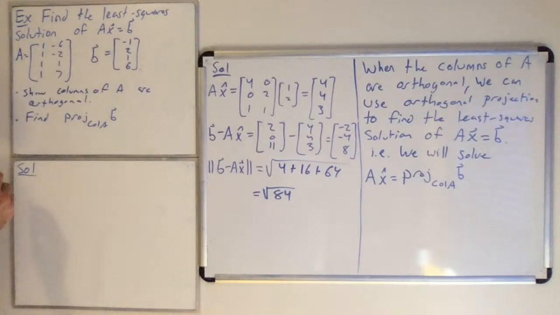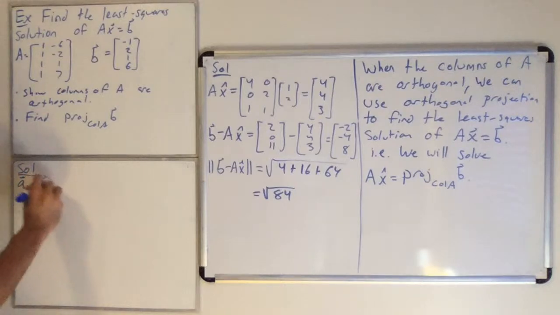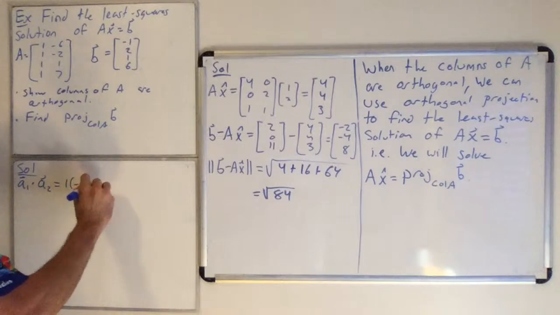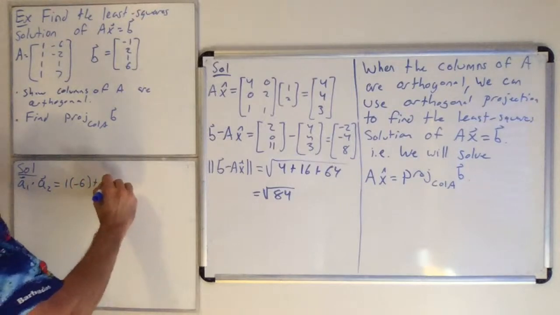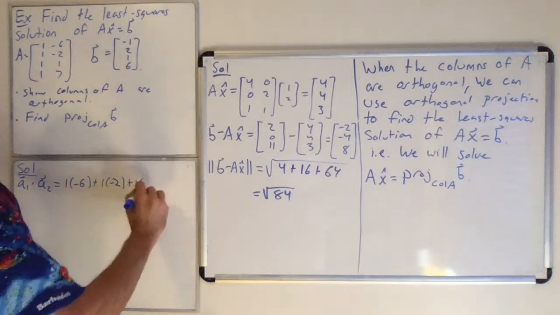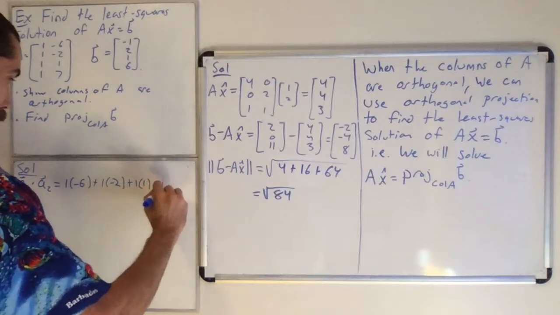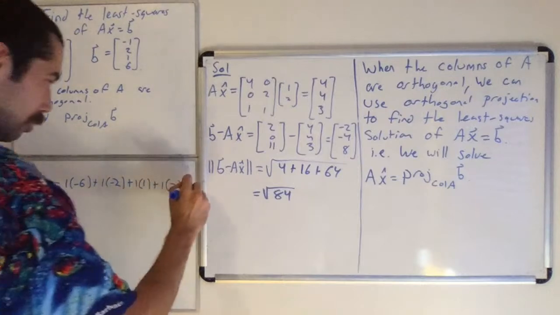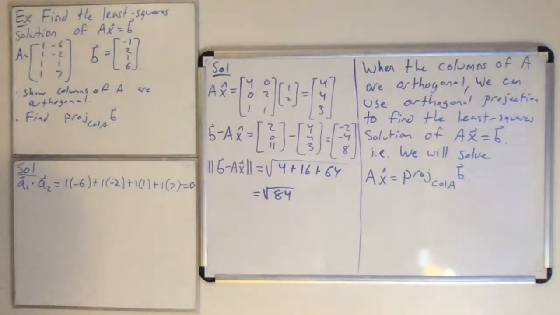So let's just take the dot product. A1.A2 is equal to 1 times -6 plus 1 times -2 plus 1 times 1 plus 1 times 7. -8 plus 8 is 0. So our matrix has orthogonal columns.